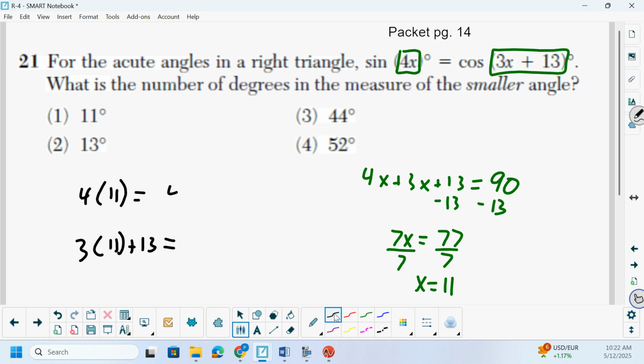So we should get 44 for this one, and we should get 46 for the other one. So 44 is the smaller one.